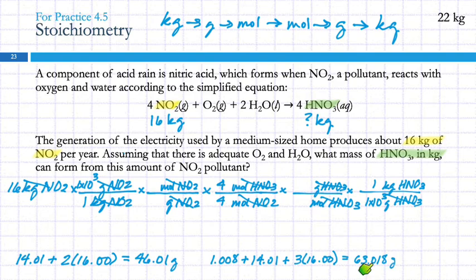So this is the number for the HNO3. Grams are on the top, so the number goes on the top, 63.018 to 1. And then over here I have moles and grams for NO2, and 46.01 goes with grams on the bottom.